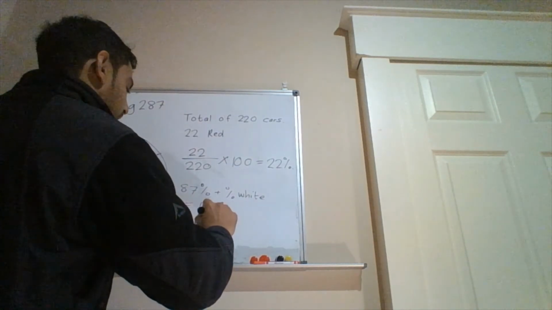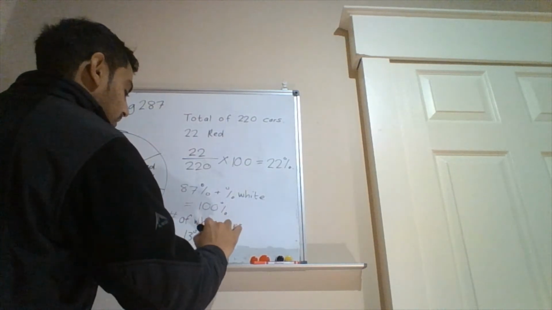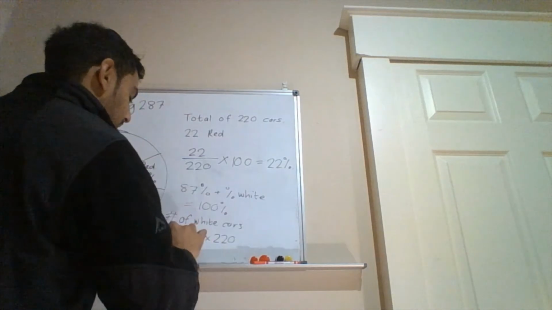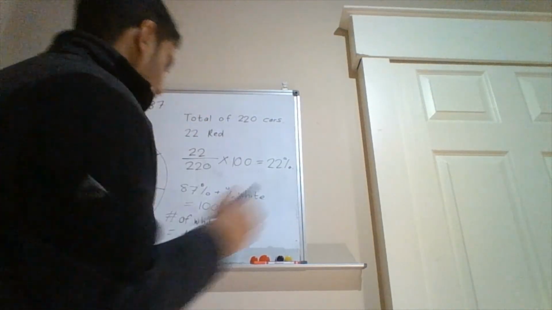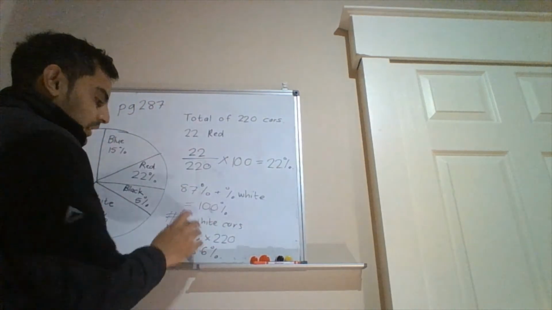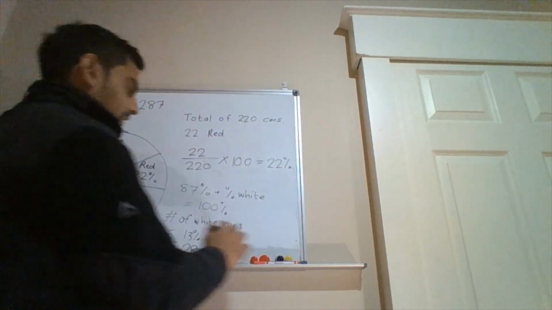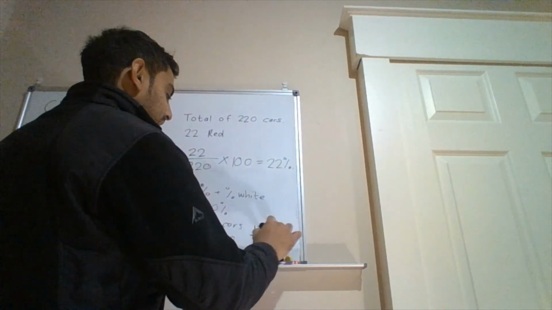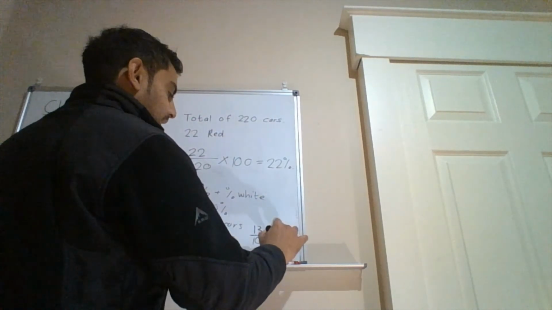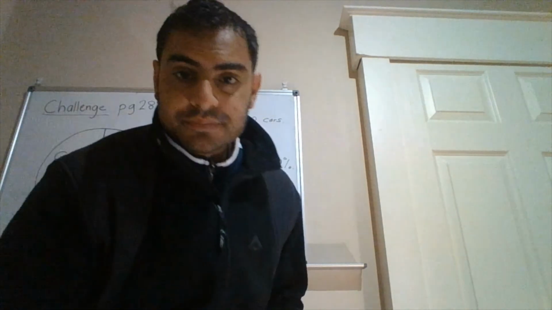Number of white cars equals 13% of 220, and this works out to 28.6. Okay, if you're struggling with percentages, you can always treat it like a fraction, and here you could just say that 13% is the same as 13 out of 100, and then we times it by 220, we get the same thing, 28.6. So that concludes today's video lesson, a relatively short section.